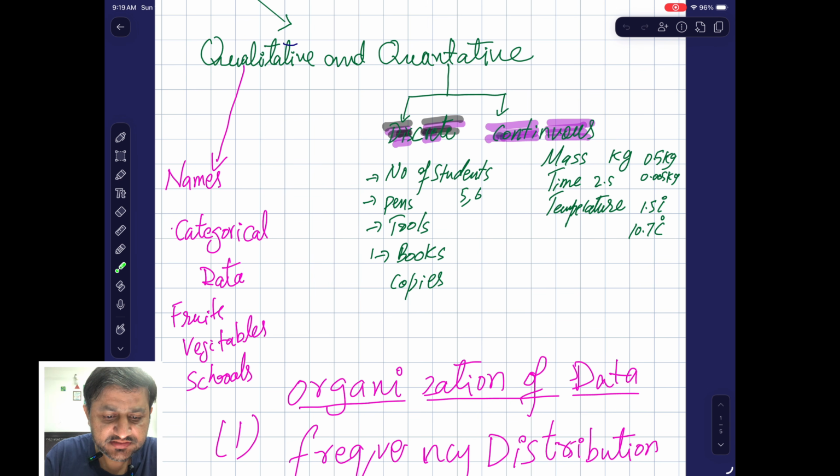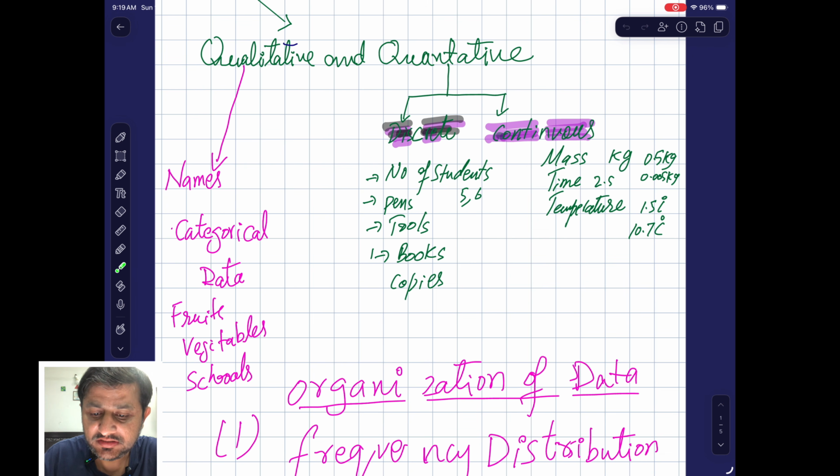When we discuss the qualitative data, this is about the names and categories, for example, fruits, vegetables, and schools, everything related to the names.